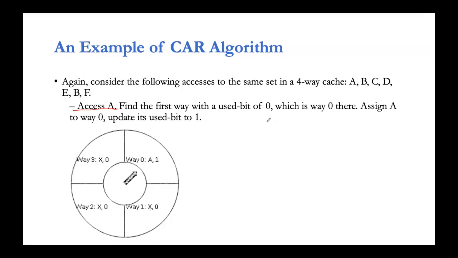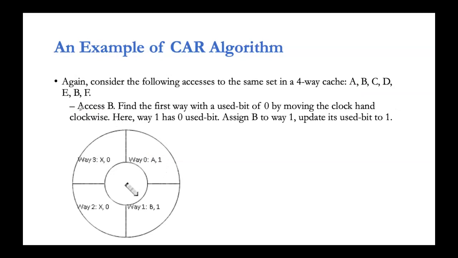So we assign A to way 0. When A is accessed, initially it is not there, so it is a miss. A is fetched from memory and loaded into way 0, and its used bit changes from 0 to 1.